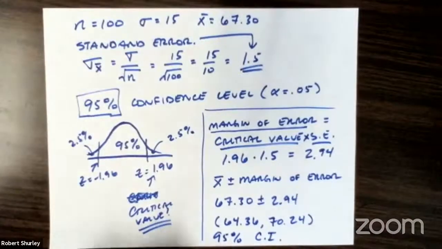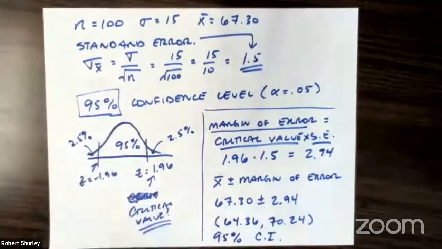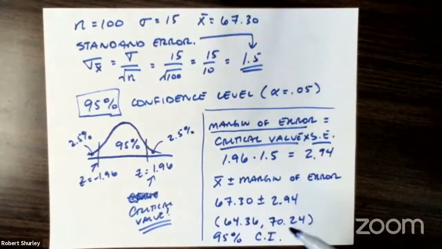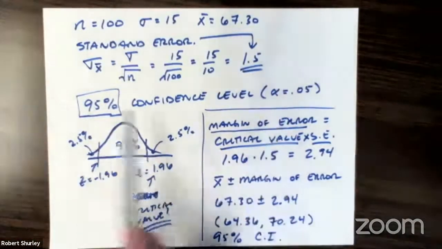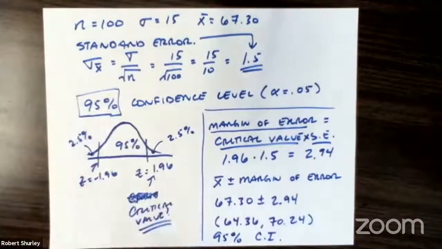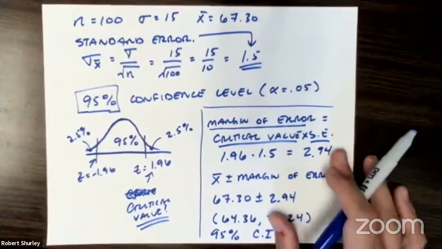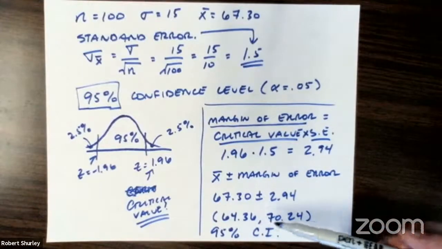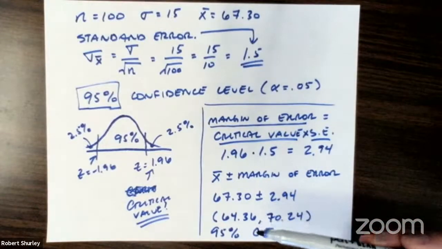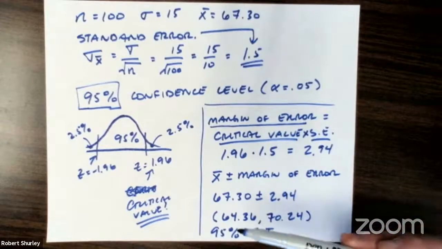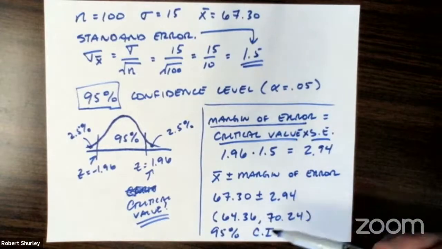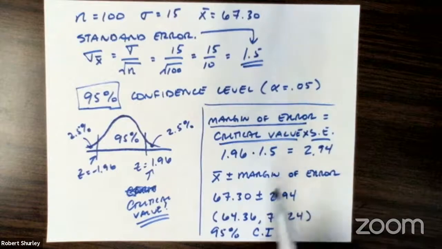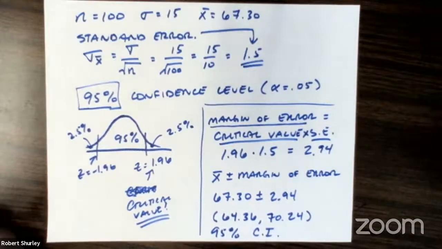Now, I'm going to pause right there because I've got to talk about what this actually means. This means, for this example, remember we're talking about fourth graders and their reading score, for this new experimental reading program. We're 95% confident that the actual population mean for reading scores of fourth graders that go through this program is between 64.36 and 70.24.